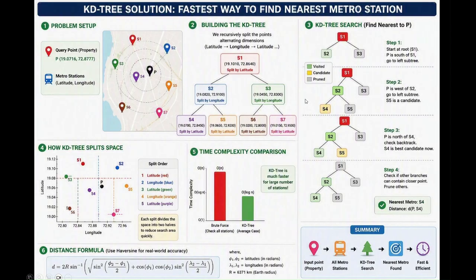And again, the branch for S3 would again lead to S4. So it's a very fast algorithm. You use the Haversine distance formula for real world accuracy, and you can use it to solve the KD tree algorithm in O of log n, and this makes it a very efficient algorithm to actually calculate the nearest metro.